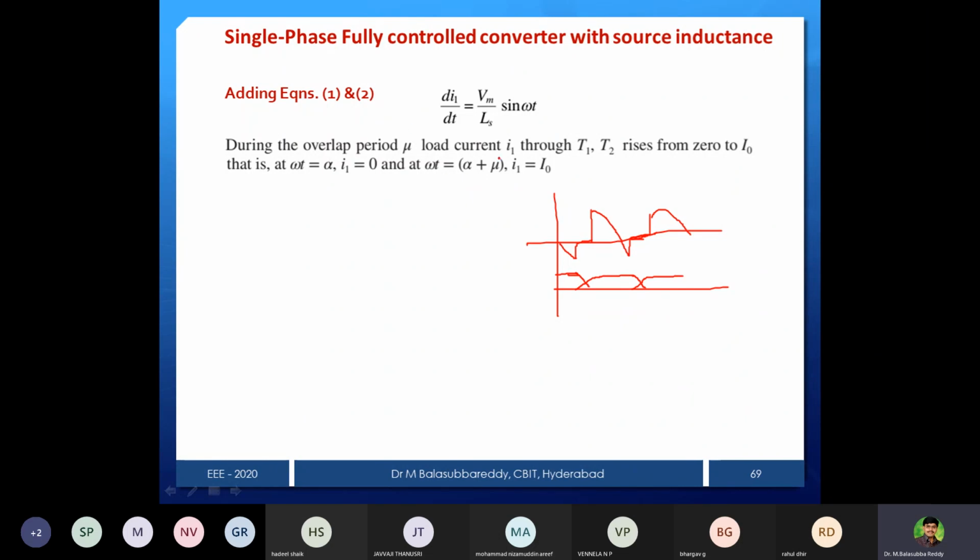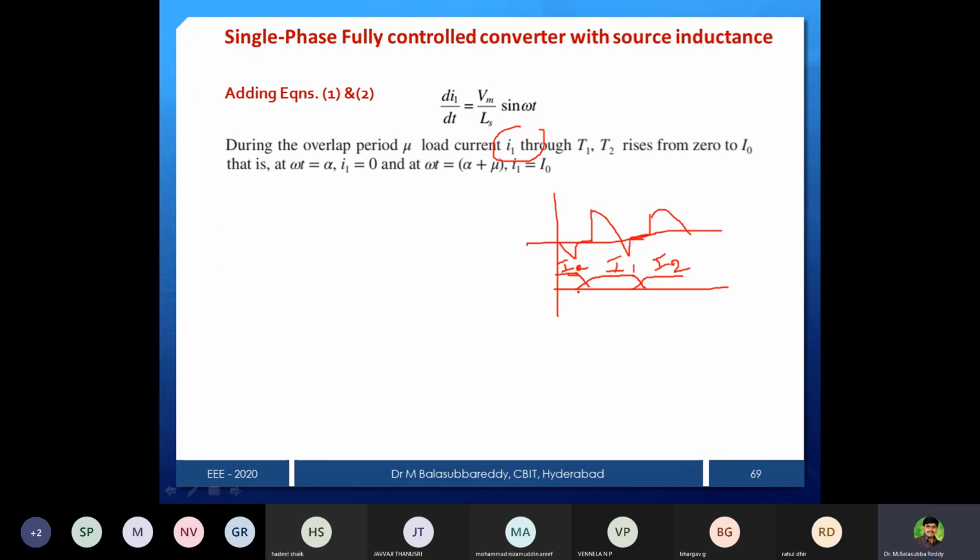Now what is represented here? I1 is the current through T1, T2. It rises from 0 onwards. This is the I1 current, this is the I2 current, this is I1 again, and this is I2 again.